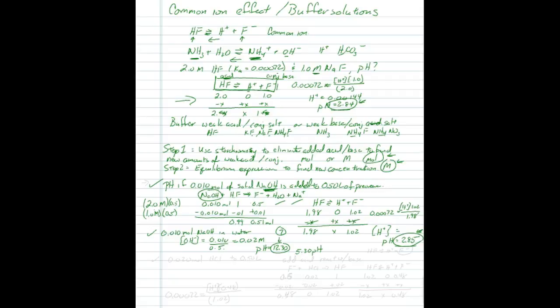The last part I want to go over is the same situation as before, but in this case we are going to add 0.020 moles of concentrated hydrochloric acid. Before, up here, we added a base, now we're going to add an acid.